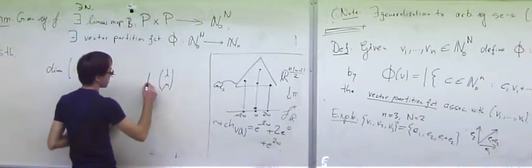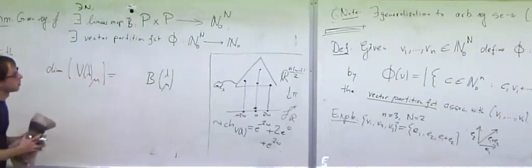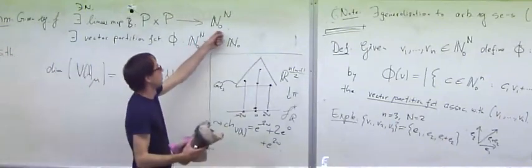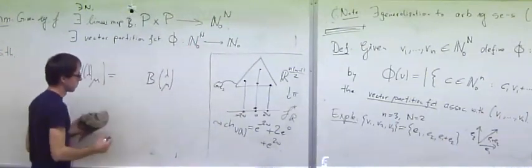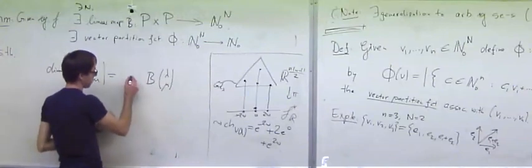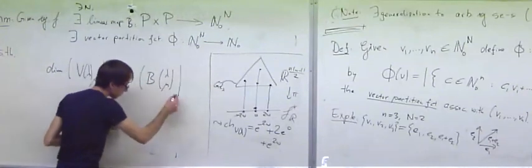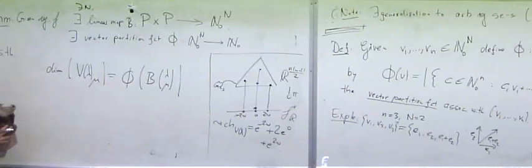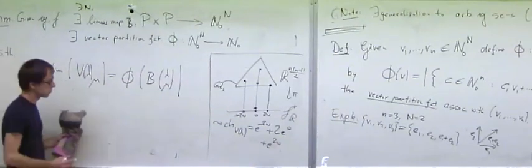Then I apply the linear map, now I'm in some N_0 to the n space, so I can apply this vector partition function to this space, and that's it.